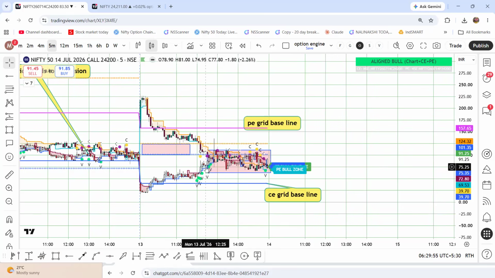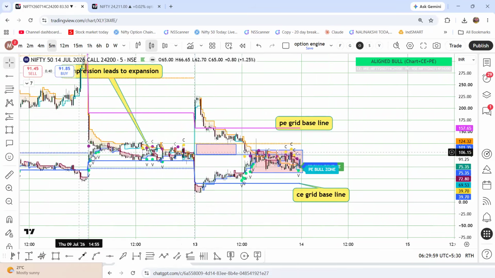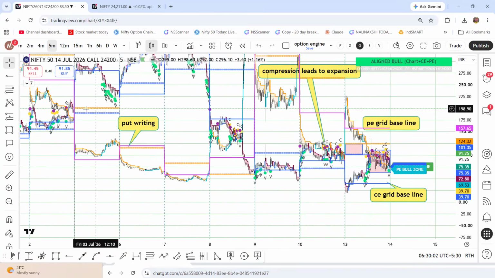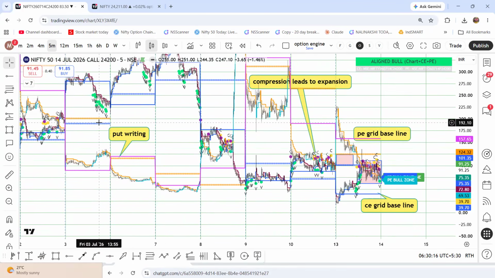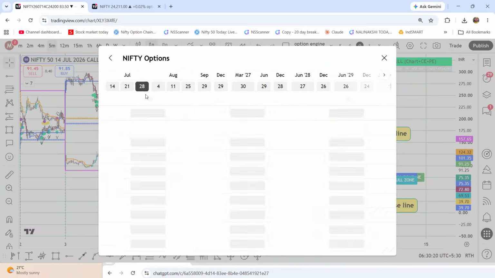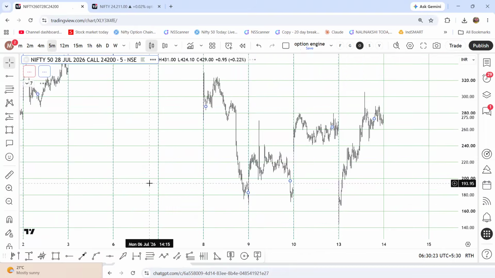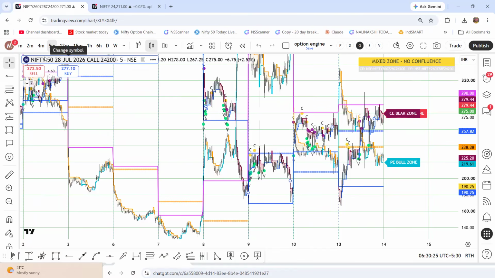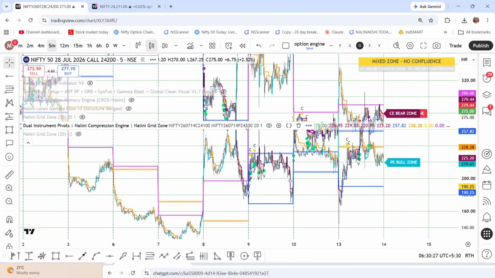Sometimes this is the condition here. At that time, you see the pivot compression, they are approaching each other. When the price could not fall below, this type of presentation will also be there. When the premiums are very high, if we go to the same monthly 24,200, I will apply monthly in this premium engine.